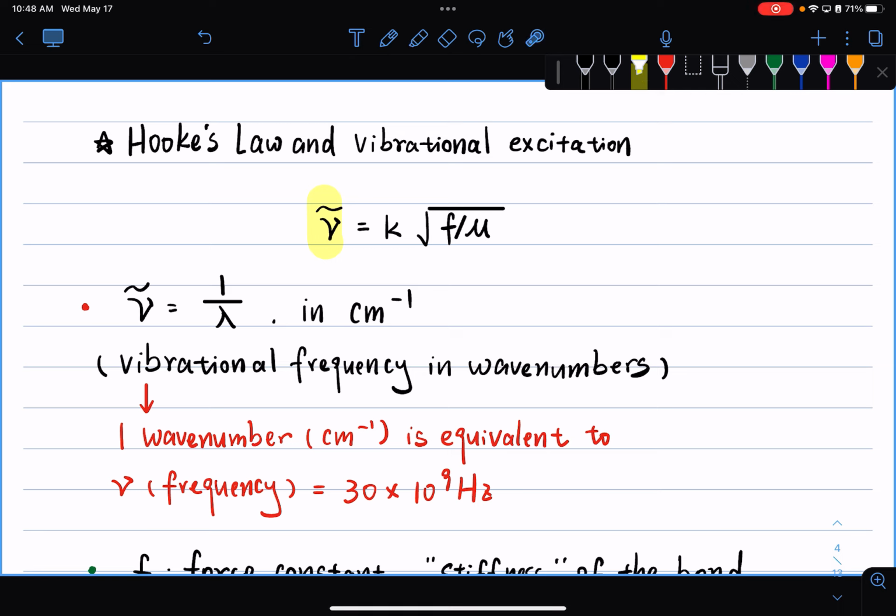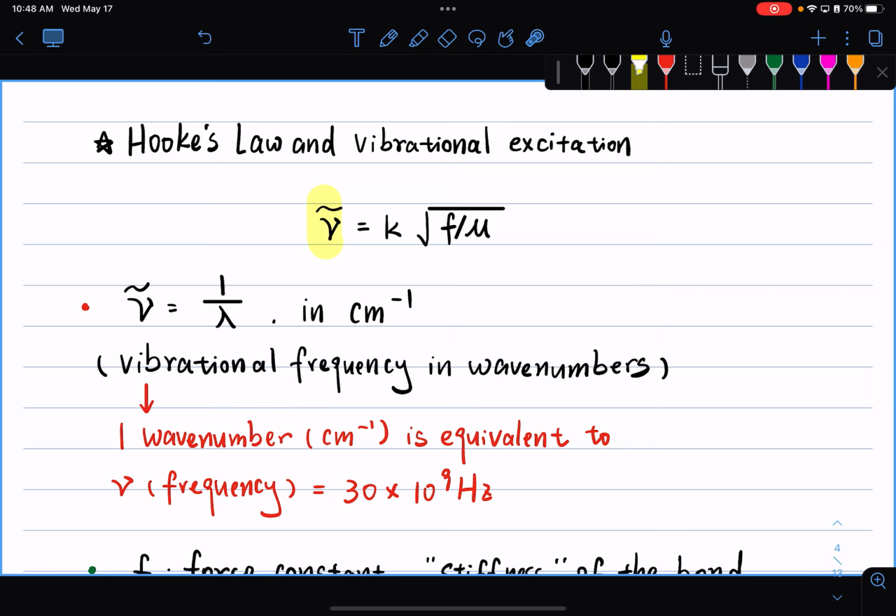It's defined to be 1 over lambda. That's the common unit we use in spectroscopy for frequency. The unit of wave number is cm minus 1. In other words, one wave number is about 30 times 10 to the 9 hertz. It's just a way to rationalize what the frequency looks like.